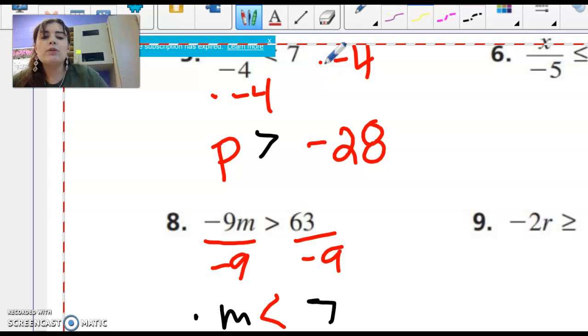Okay, so the number of hours is what we need. So I'm going to use an H for hours. Okay, we know that $9.50 per hour. So if I make $9.50 per hour, I make $9.50 times the number of hours I work.